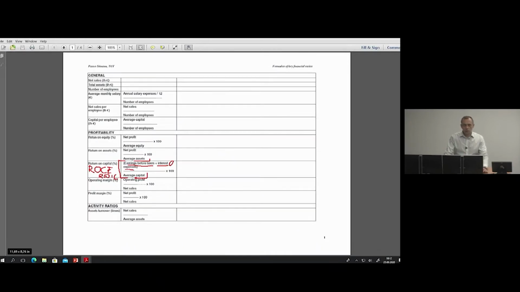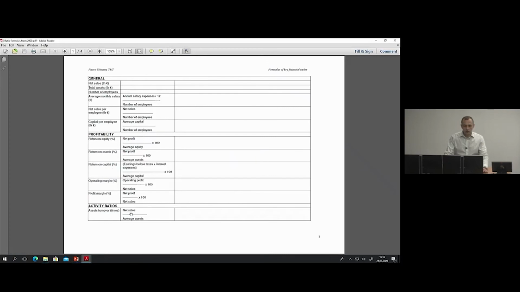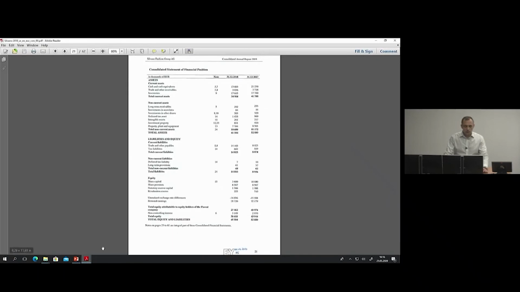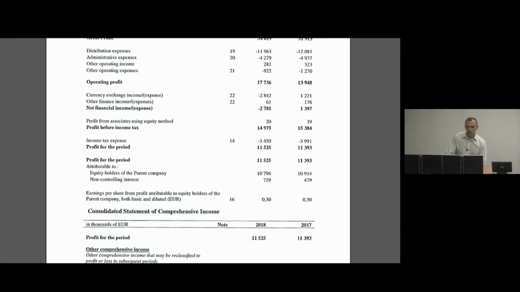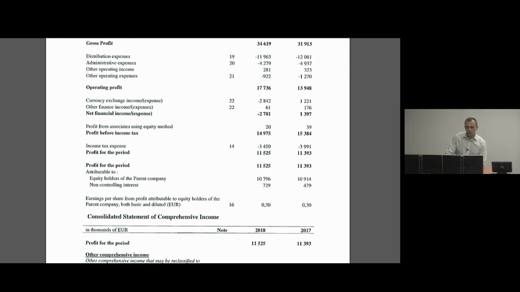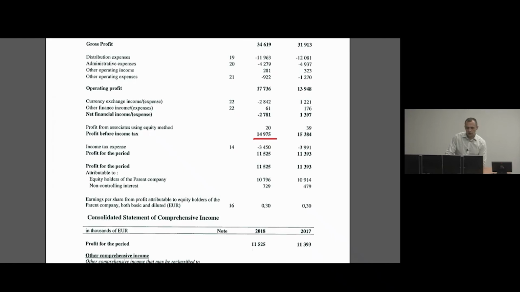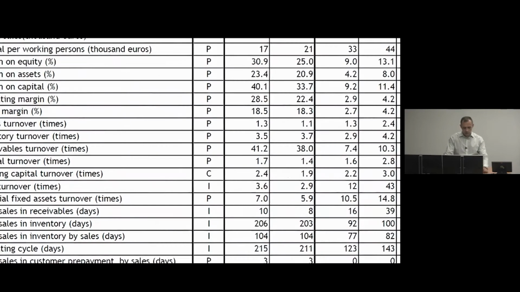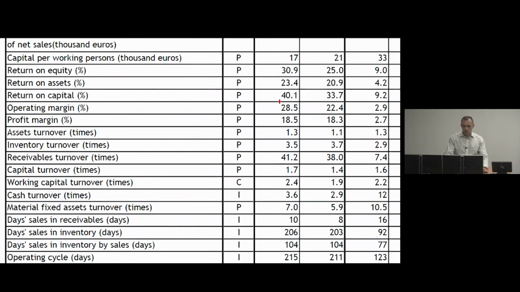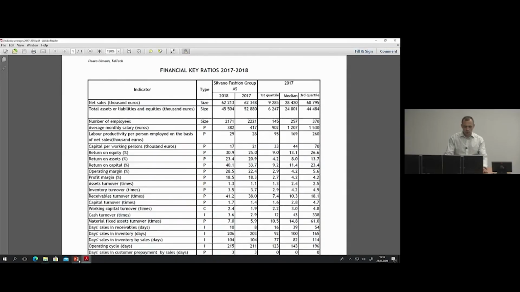The average capital we have already calculated when we calculated capital per employee. So let's have a quick look where we can find earnings before tax. And here it is. They use the vocabulary profit before income tax. The answer is 40.1%.